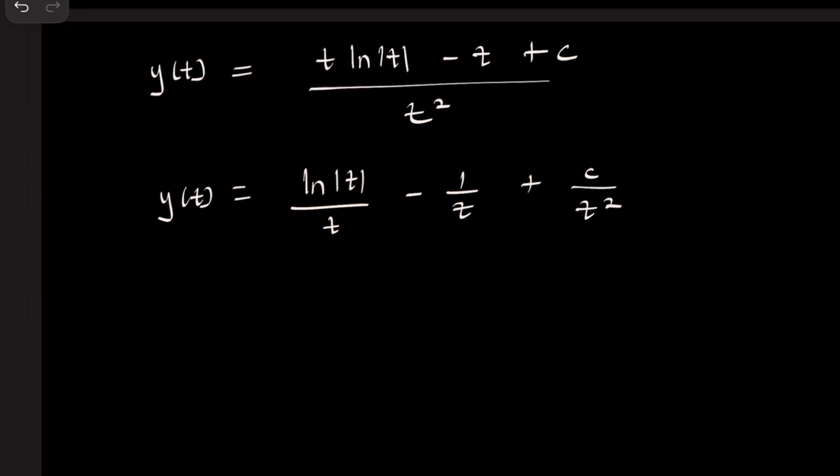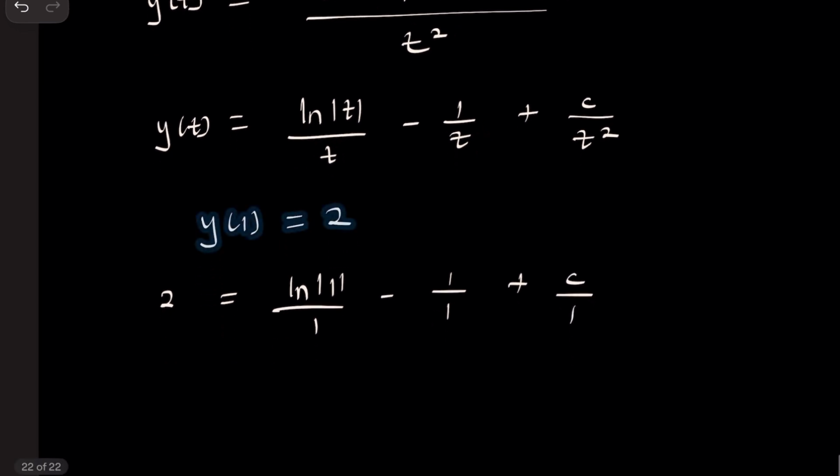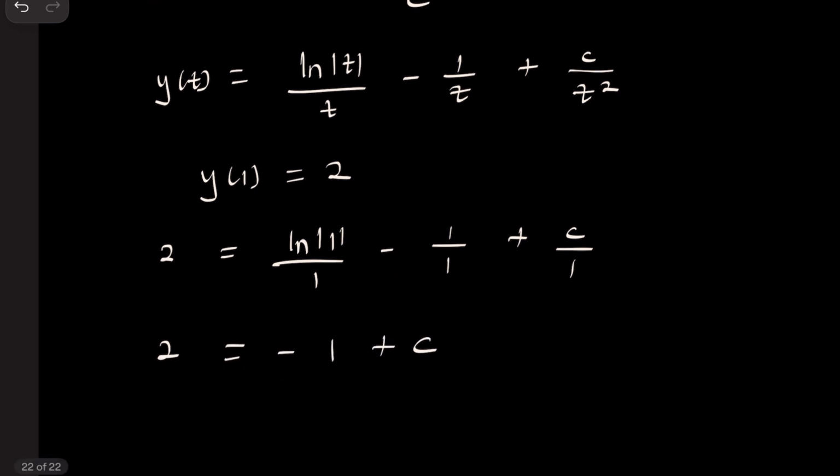We had our initial condition to be y(1) = 2, and so we are going to have 2 = ln 1/1 − 1/1 + c/1. Now ln 1 is equal to 0, and so we are going to have 2 = −1 + c, which implies that c is equal to 3.